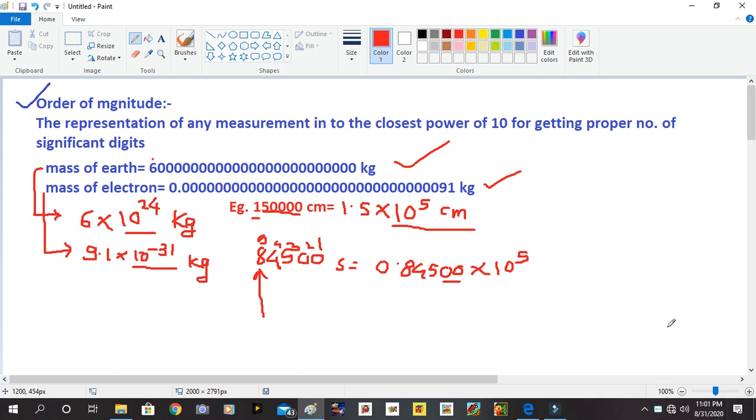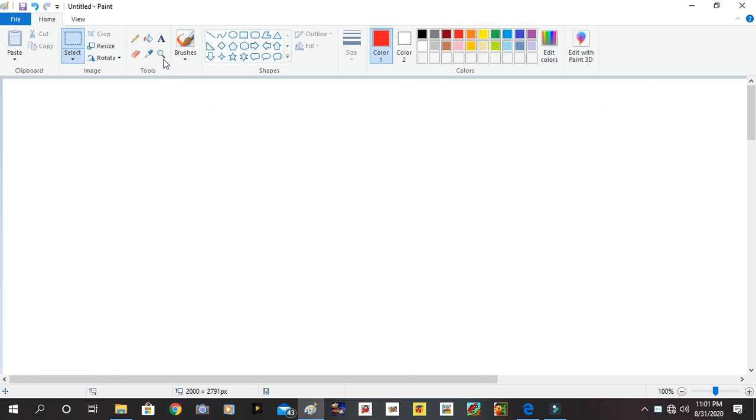We can have some more examples to study this. I'll just write some examples. So say the first example is 345.25. If I want to write this in terms of 10 raised to something, then the first digit is 3. So definitely you have to shift the decimal point after 3.